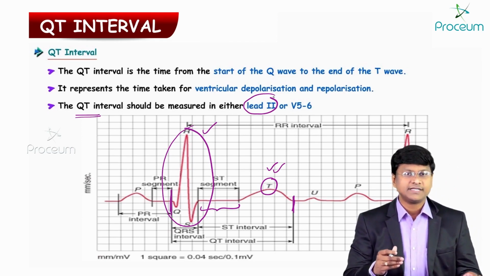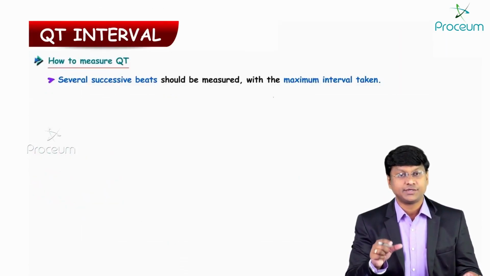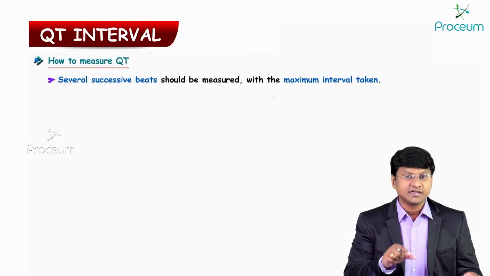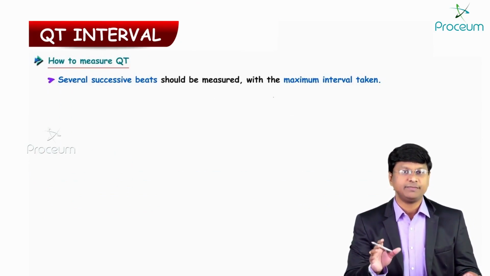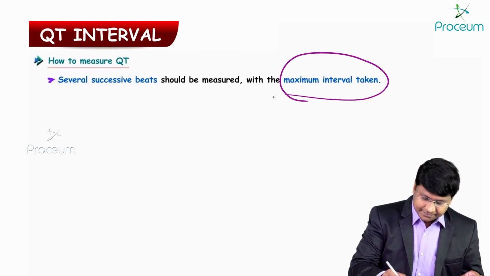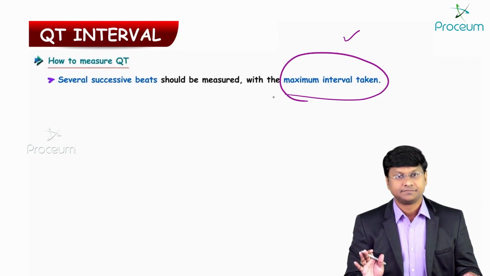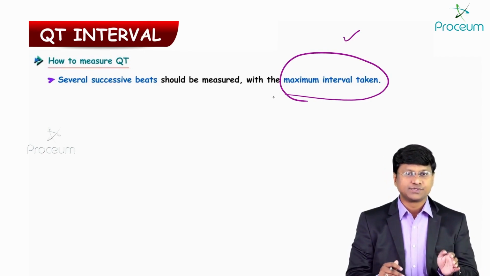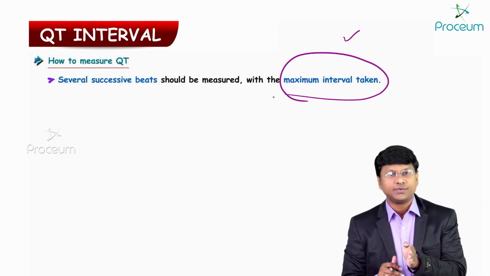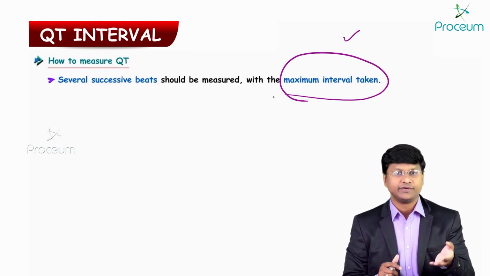Now, how to measure the QT interval. Whenever you want to measure the QT interval, several successive beats should be measured, with the maximum interval taken. Right? Several successive beats should be measured. Now, suppose along with the QT interval, after the T wave, you have a U wave.